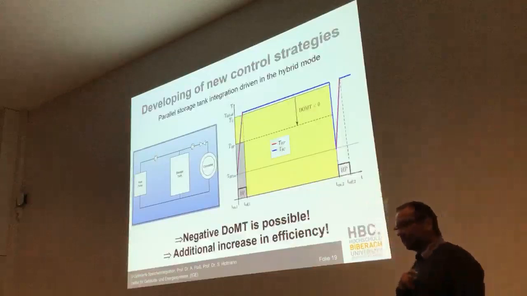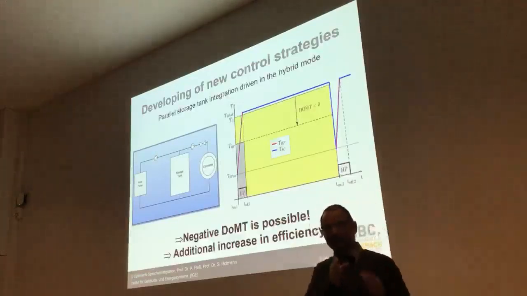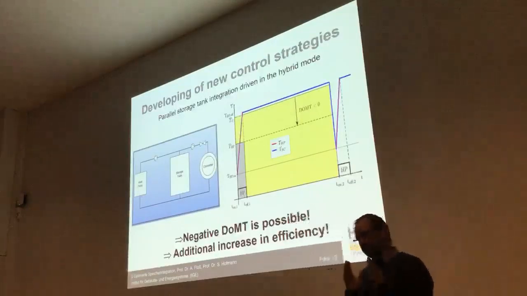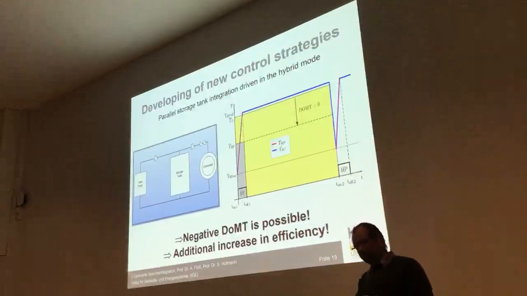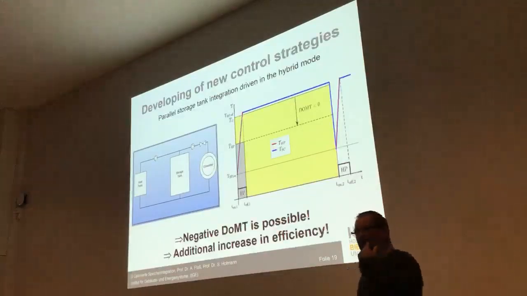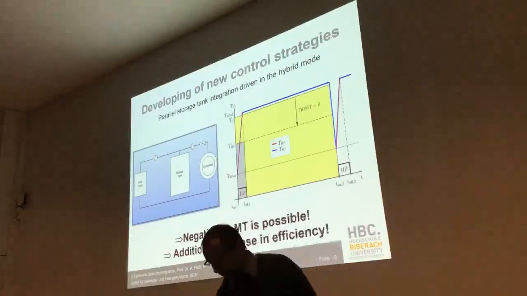But the thing is, it is not the temperature at a certain time, it's the mean temperature over a given period of time, and the period of operating the heat pump is different than the period of operating the consumer. How to get that negative drop of mean temperature?